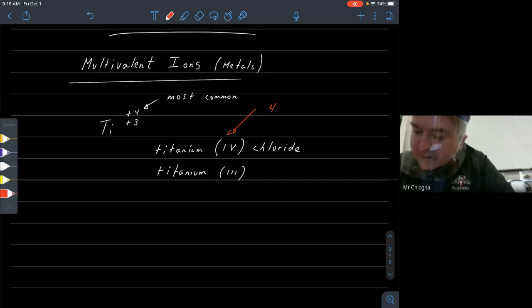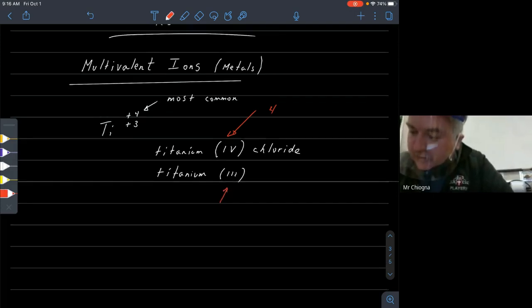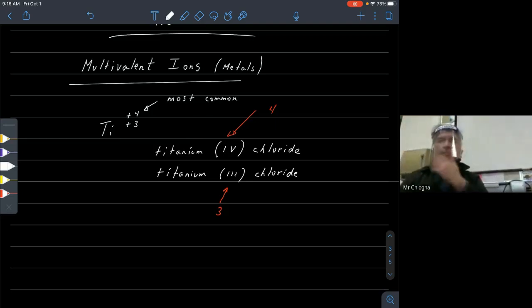That's pretty obvious. That means Roman numeral 3. Same thing, chloride. Same words, different numbers in the middle. Two different compounds. That's what it means to say it's multivalent. It can form different compounds with the same nonmetal.